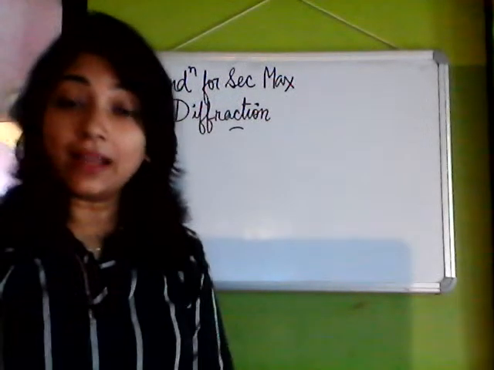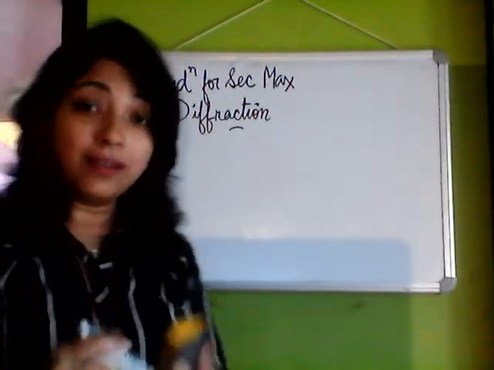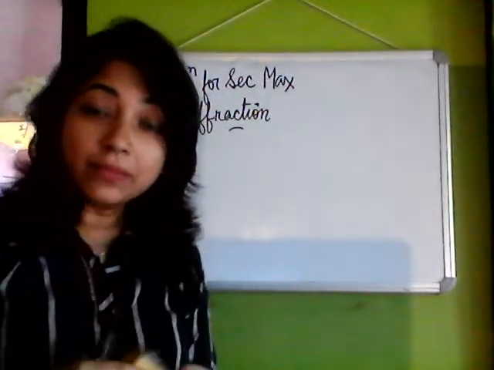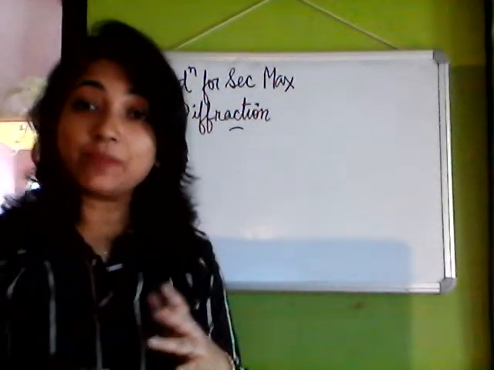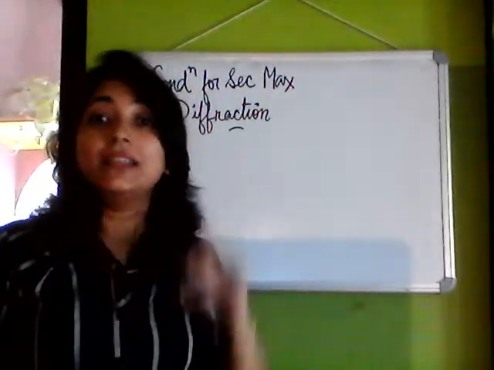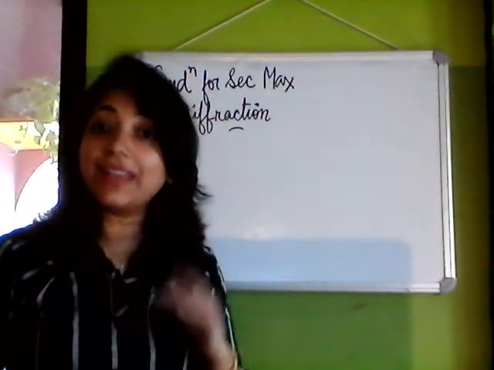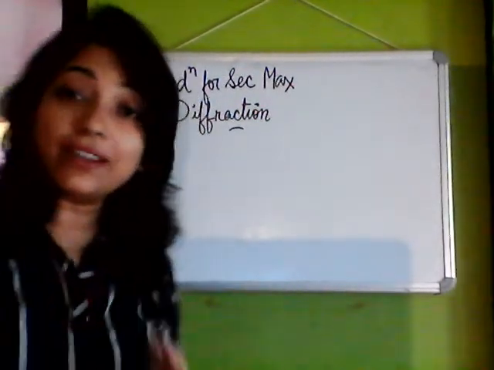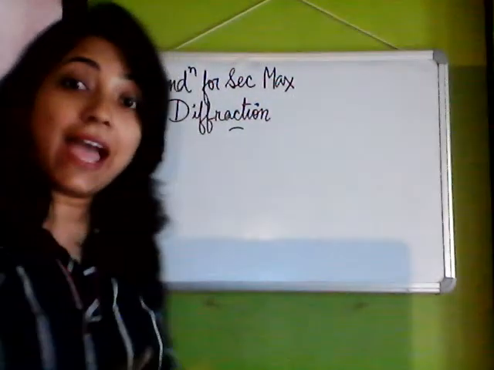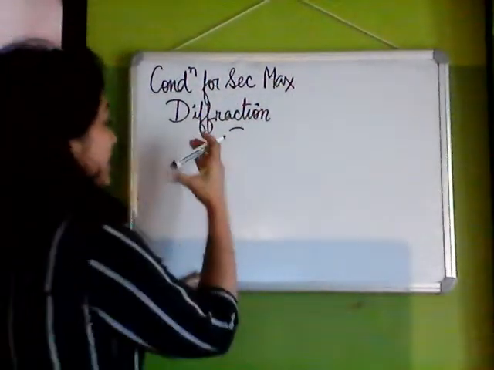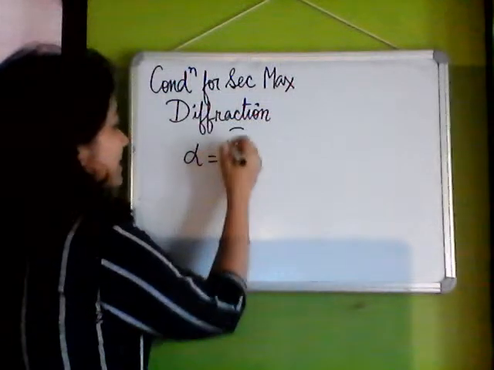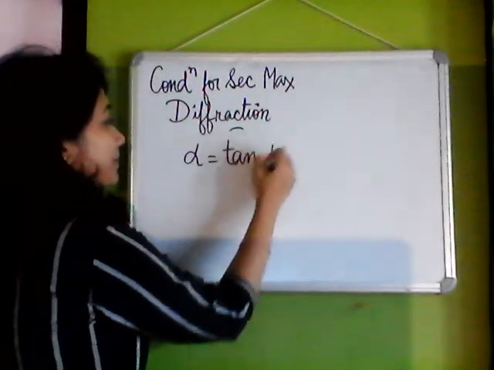Remember what we had done in order to calculate the maximum for secondary maxima: we had differentiated the intensity expression with respect to alpha. We had done dI by d alpha and then equated it to 0, and we had finally received an equation something like this: alpha is equal to tan alpha.